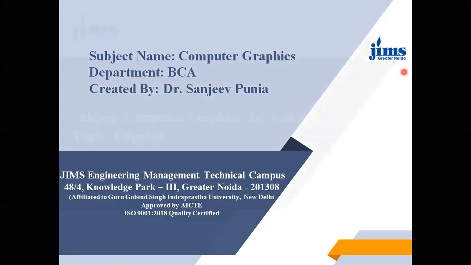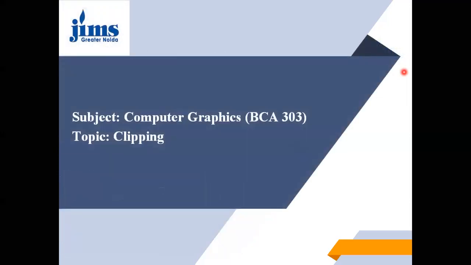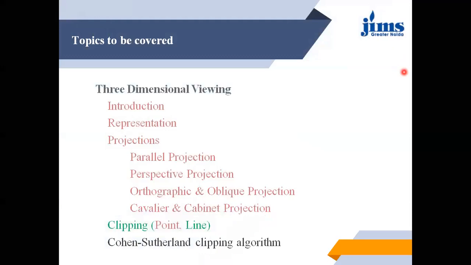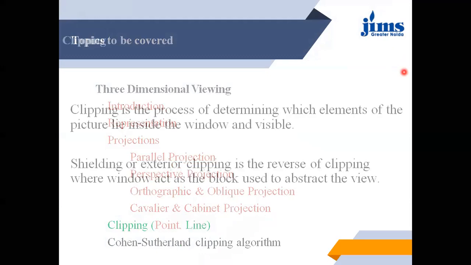I am Dr. Sanjeev Ponia. In the last lecture of computer graphics, we were discussing line clipping. In line clipping, we discussed how we can assign the region codes to the endpoints of a line.